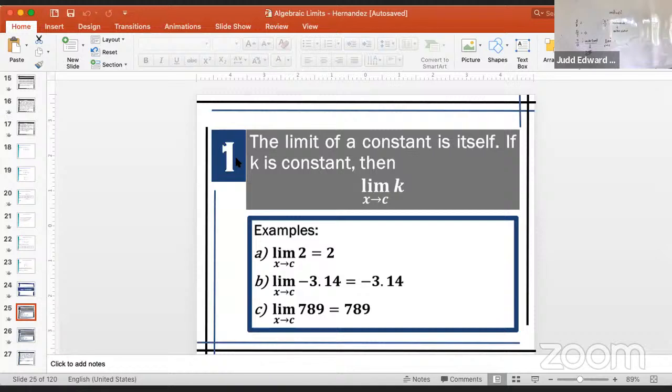E is a constant. 1.6 ata ang value nito, if I'm not mistaken, or 1.8. You could use your calculator so that you'll know that e is a constant. Makikita nyo sa calculator nyo yan.